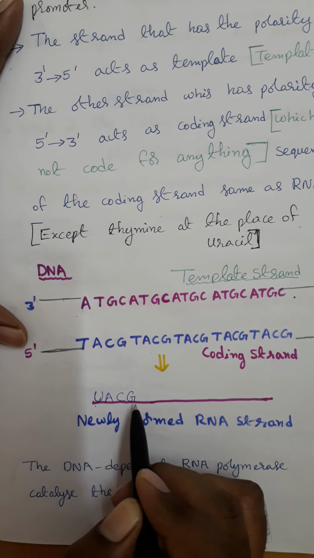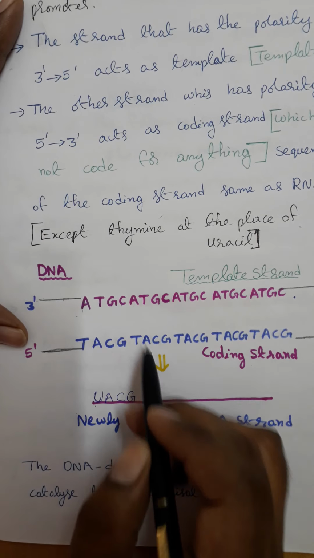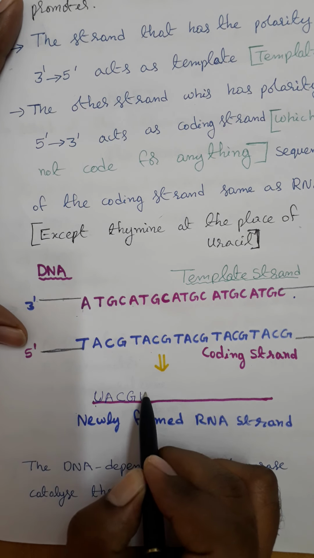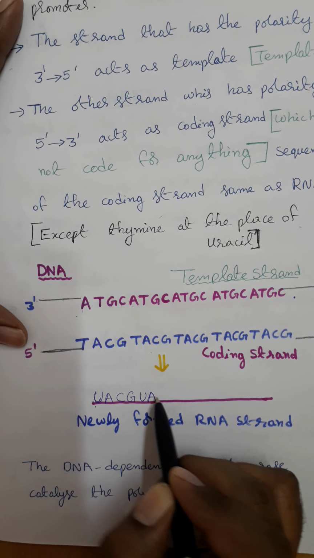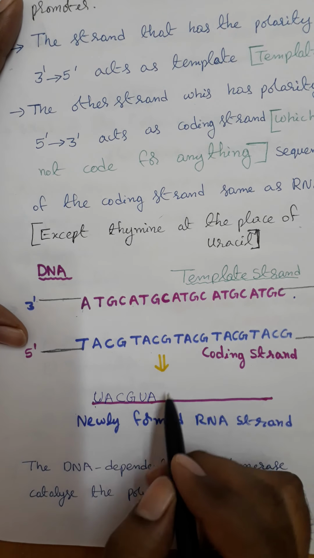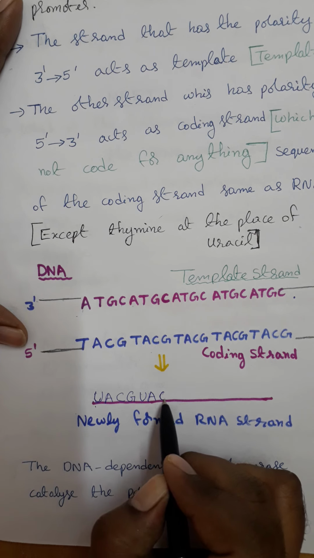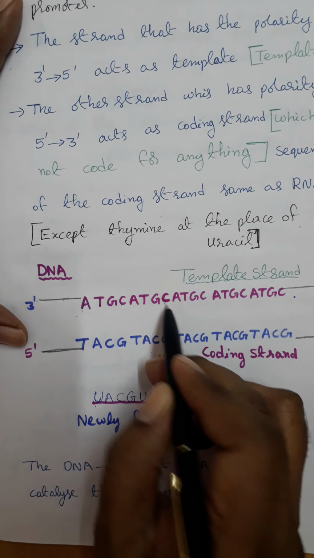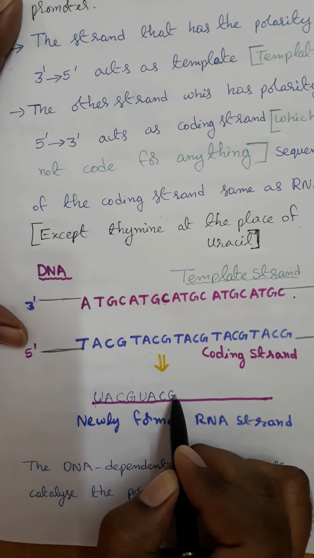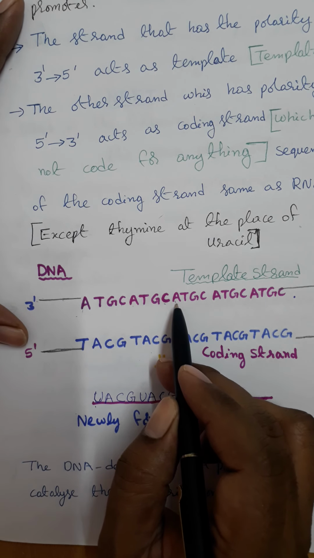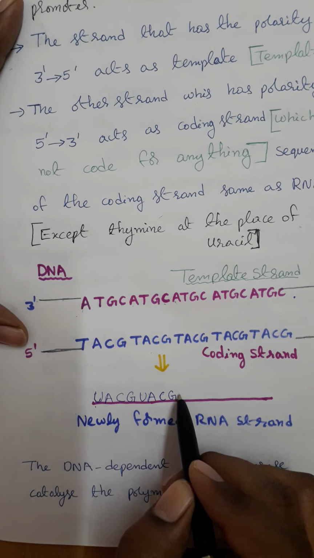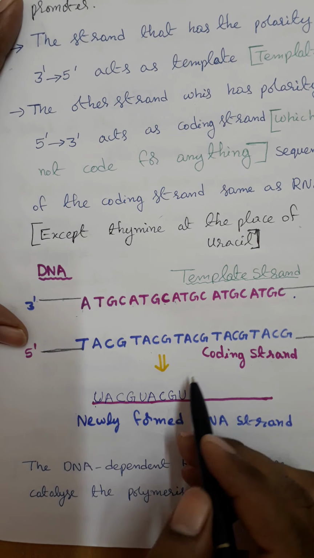Next, succeeding nitrogen bases: opposite adenine, which nitrogen base in RNA? Uracil.